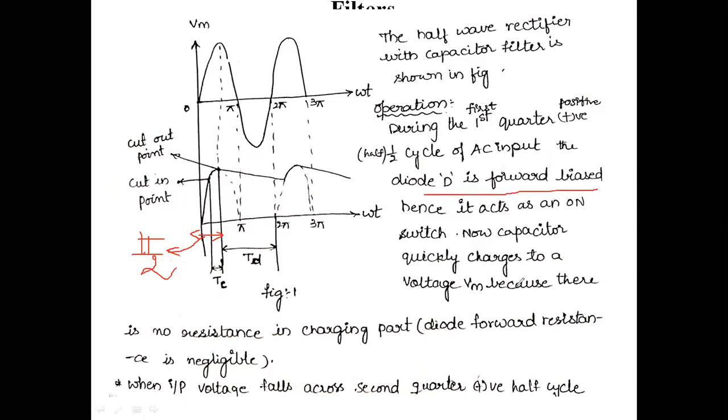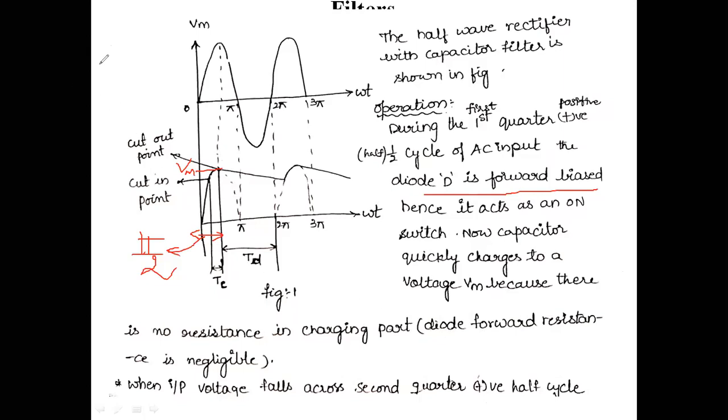The capacitor quickly charges to the voltage Vm, from the cut-in voltage. It charges to maximum voltage Vm because there is no resistance in the charging part. As given, the diode forward resistance is negligible.